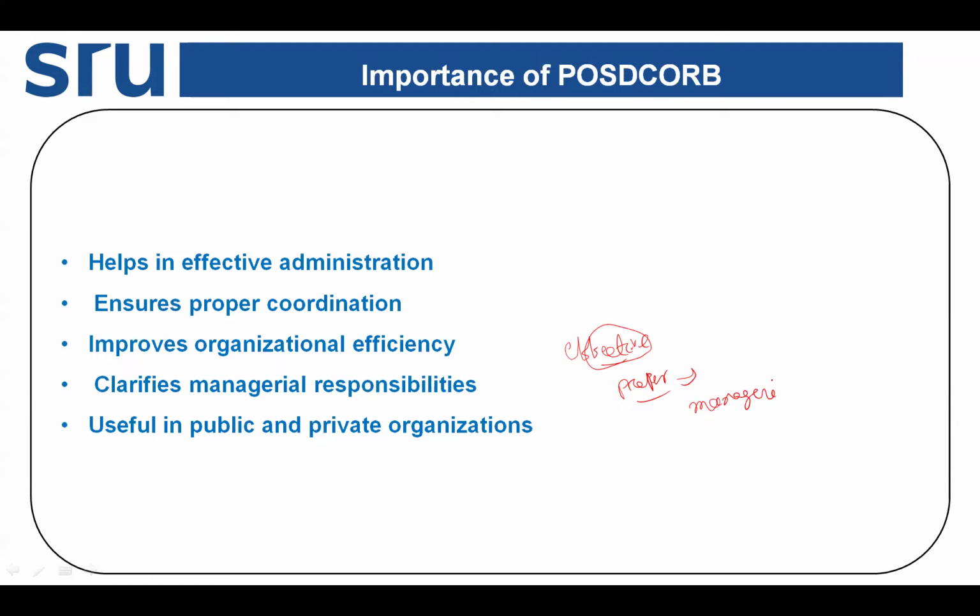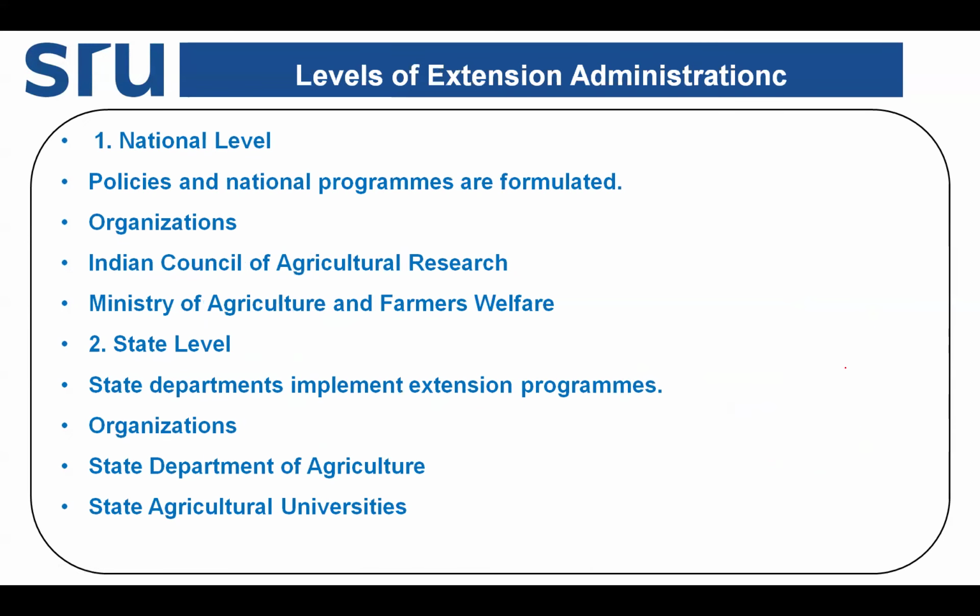Which manager of the organization is responsible for which type of work can be found out by the function. It is useful in public and private organizations, everywhere. Both should follow these functions for smooth and effective implementation of the work.